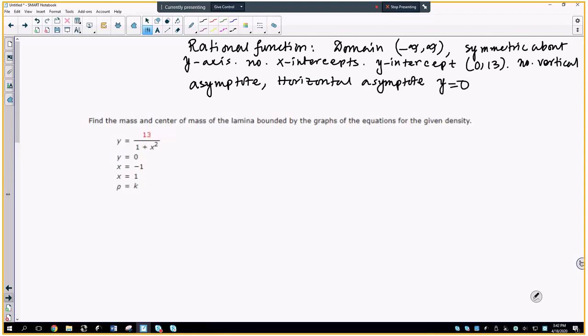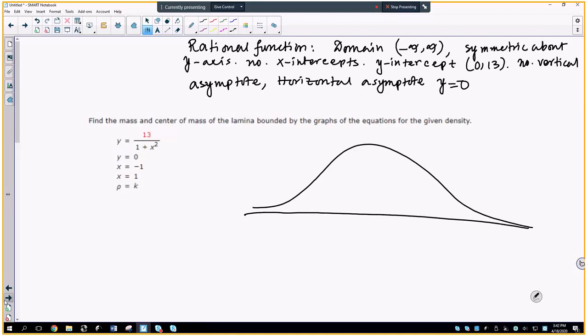So let's think about the graph of this thing. That's my function over the x-axis. This point where it is crossing the y-axis must be the point 0, 13 as the y-intercept. So this is 0, 13, and I have the graph of the function y equal to 13 over 1 plus x squared.